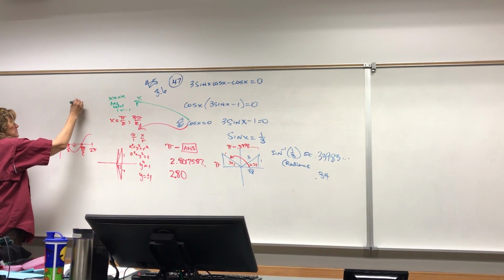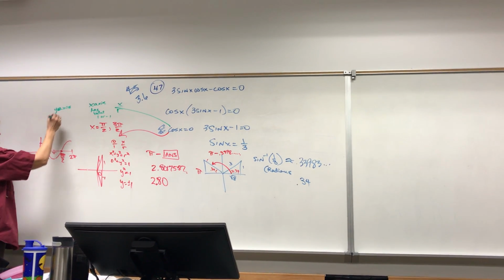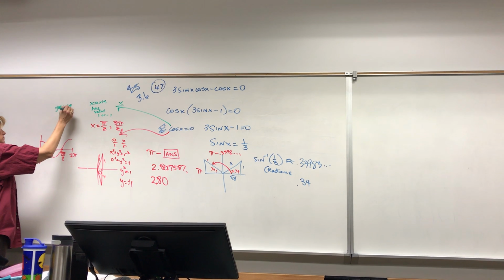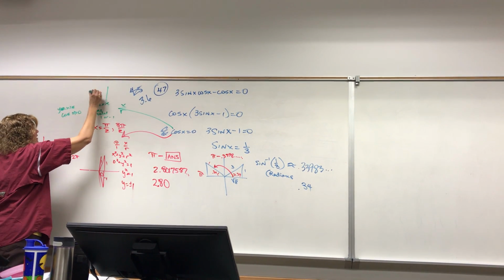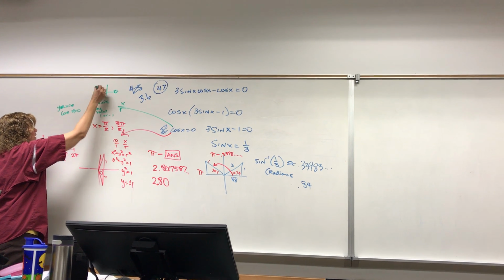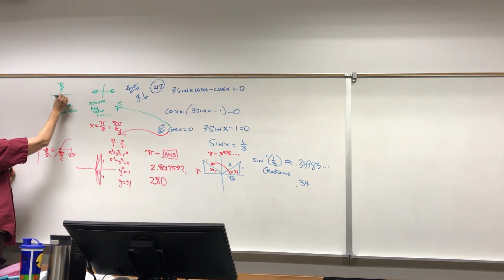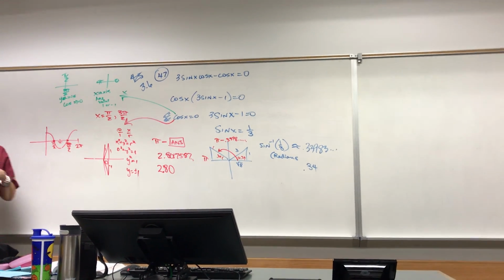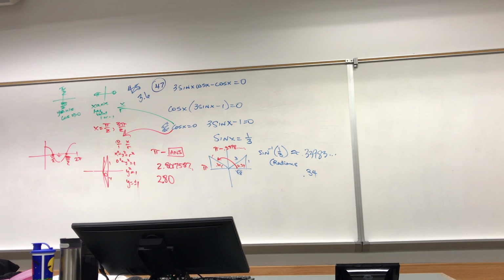On the y-axis, x is equal to 0. Angles on the x-axis are 0 and pi. Angles on the y-axis are pi over 2 and 3 pi over 2. You can do just the reverse thought process for sine.